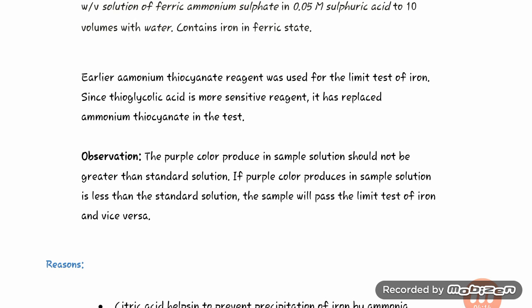So if you see a light purple in the sample compared with the standard, then the test is positive. If you see a lighter purple in the standard but a dark purple color in the test sample, then it is a negative test.